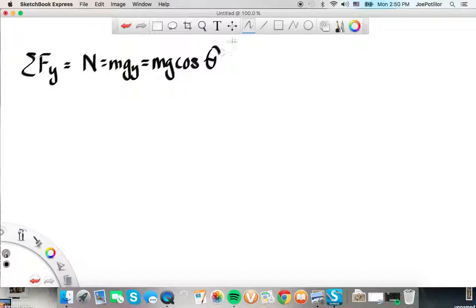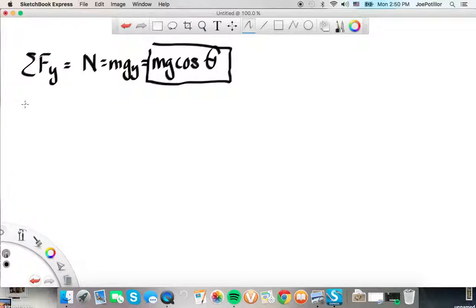So starting with the mg y, mg cosine theta is going to be the normal force. Why do we need the normal force? Because recall, normal force times the coefficient of friction is going to be the friction force.